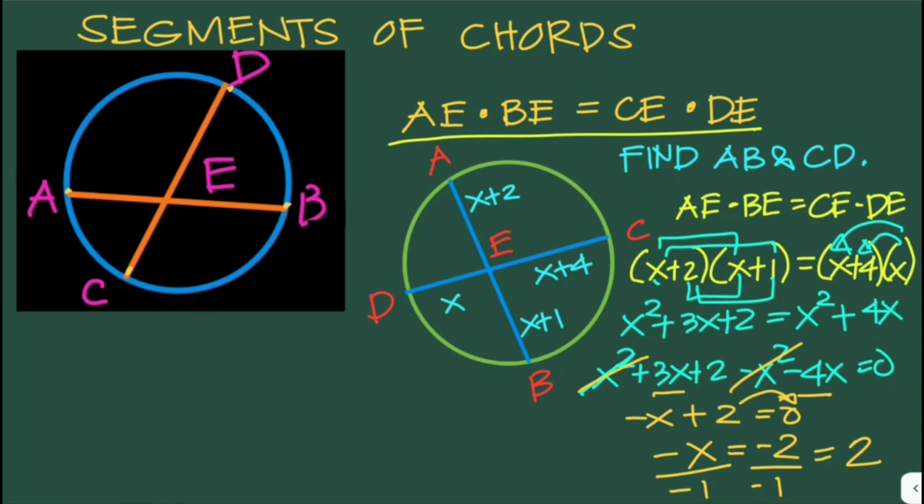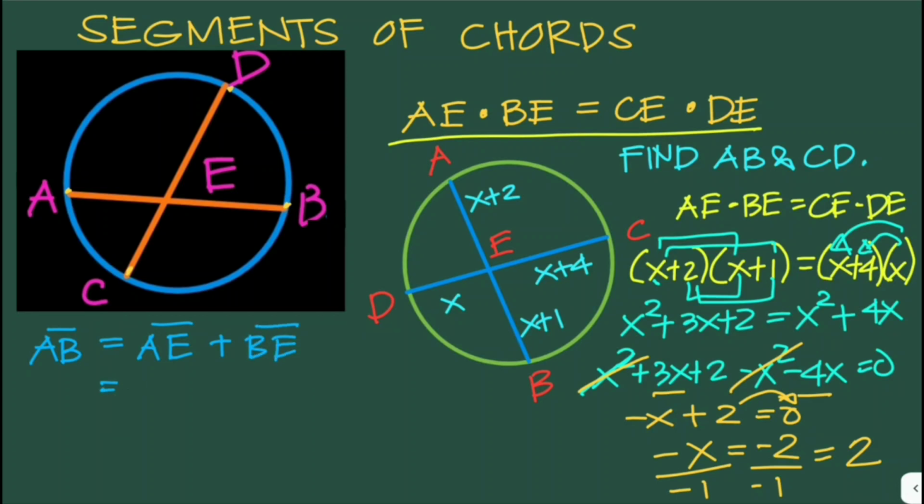Now let's solve for the length of segment AB, or chord AB. Chord AB is just equal to segment AE plus segment BE.